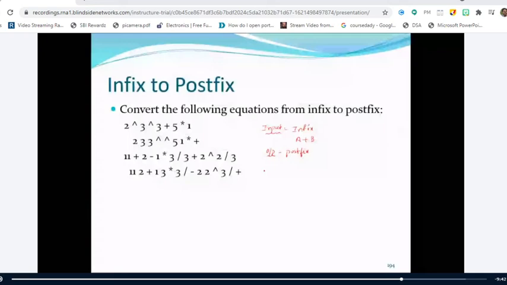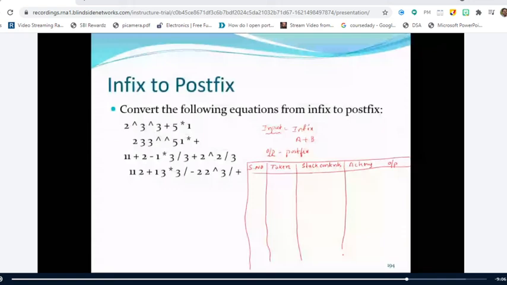Right. The first one is serial number. Can you see the table where I have divided the table into 5 parts? Yes, sir.